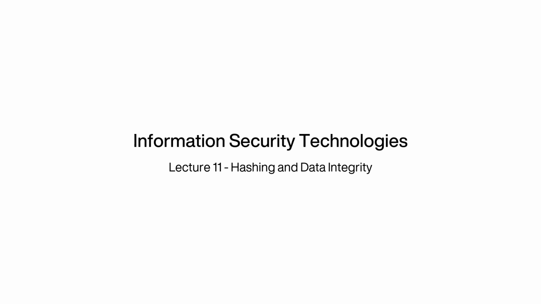Collision resistance, the property that it is computationally infeasible to find two inputs producing the same hash. Hash function, a function that maps input of arbitrary size to fixed size output. HMAC, hash-based message authentication code, providing both integrity and authenticity. KMAC, Keccak Message Authentication Code, a MAC based on the SHA-3 family.